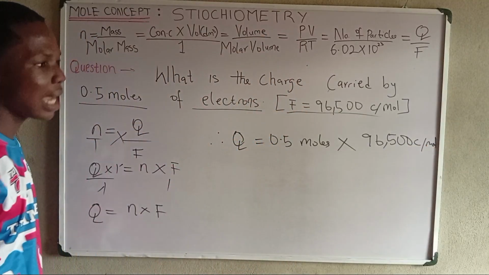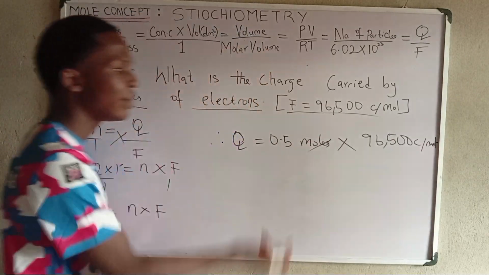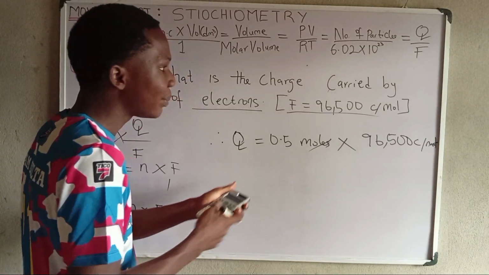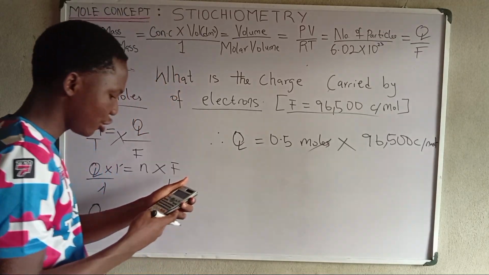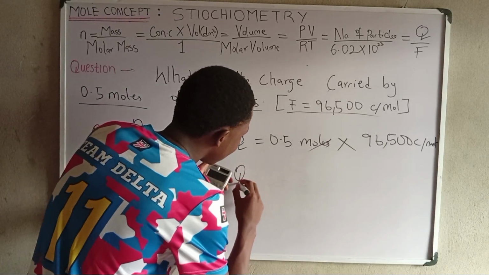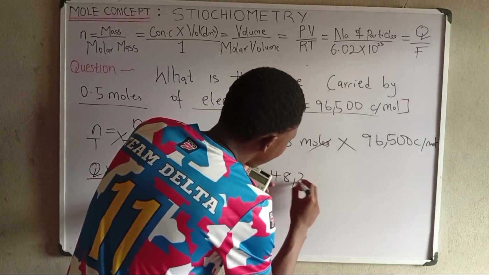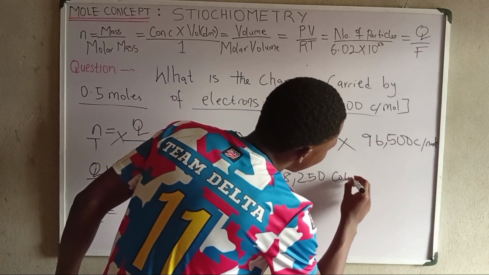Alright? So now, the first thing you have to do, cancel the mole, it remains coulomb, right? Now, 0.5 multiplied by 96,500 coulombs. We are going to get the quantity of charge, which is 48,250 coulombs.